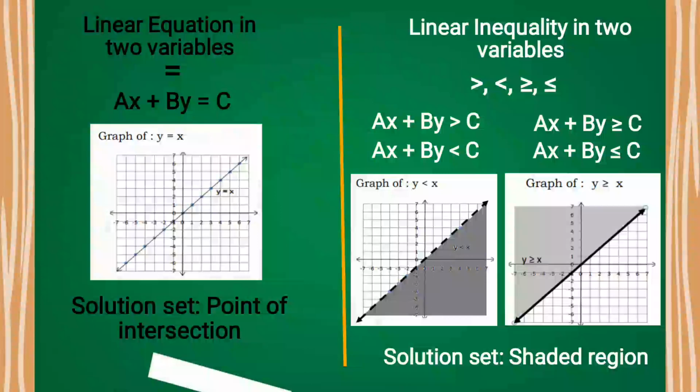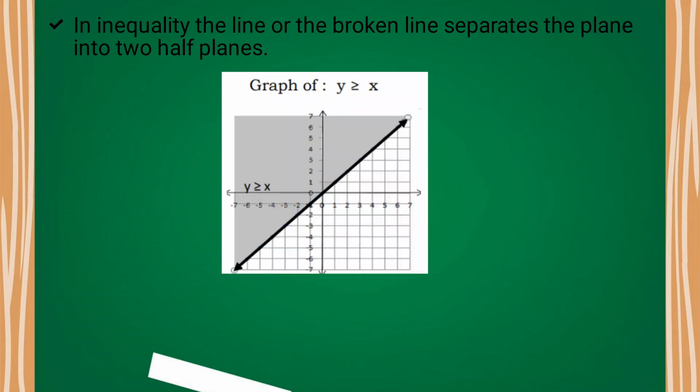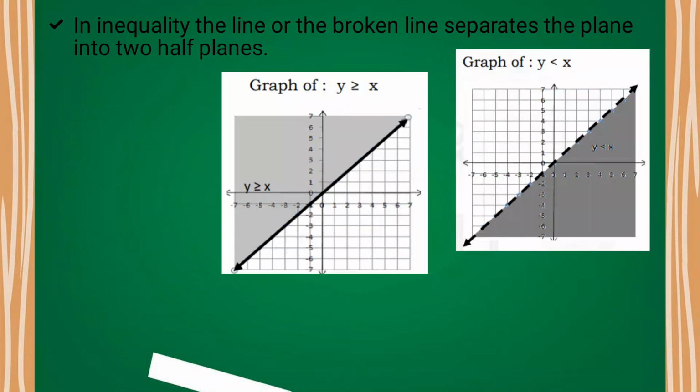So, next po. In inequality, the line or the broken line separates the plane into two half planes. So, ito daw po yun. Example, yung kanina natin. Sabi daw po, sa linear inequality, hinahati niya yung plane natin sa dalawang parts na yung isa may shade, yung isa wala. Ano po? So, pwedeng solid line siya, pwede rin naman pong broken line siya.